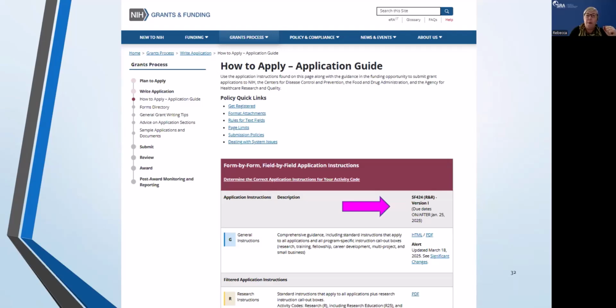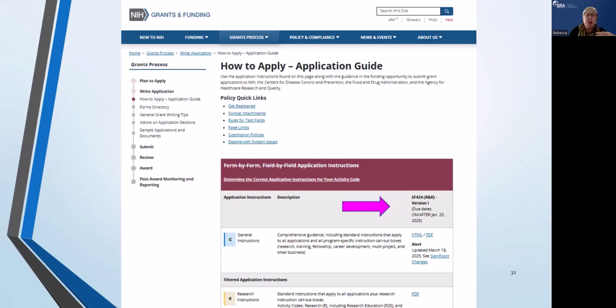So how to apply? The NIH webpage has the application guide with the general instructions. We're in version I now, which seems possible to those of us that have been here a while. So there are general instructions, and then there are instruction sets for research grants, training grants, small business grants, and others.